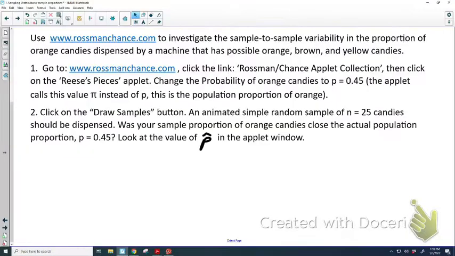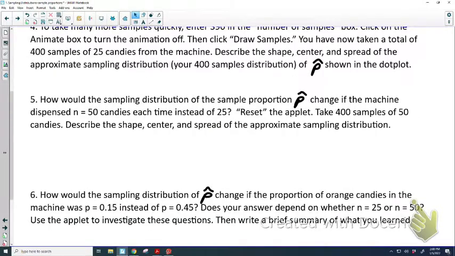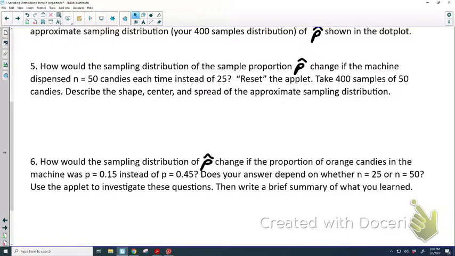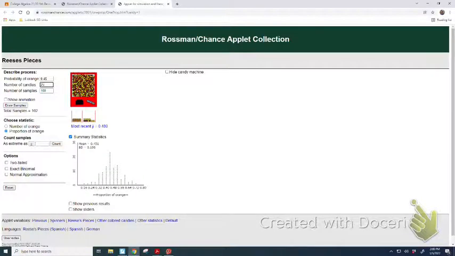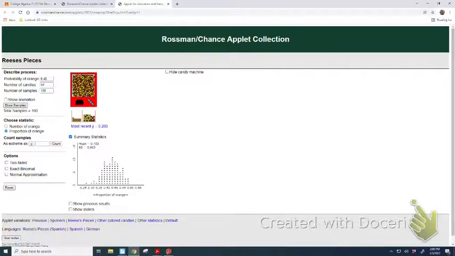Something really cool happens when you move through the questions that I ask in this handout. I ask you to adjust some things. So we only bumped it up to 10, and here we bump it up to 400 trials. But down here, I ask you to change the sample size. So change it to 50. Let's see what happens when we do that. I'm going to hit reset so we get a new picture. So maybe take a mental picture of that. Hit reset. Ooh, very different.